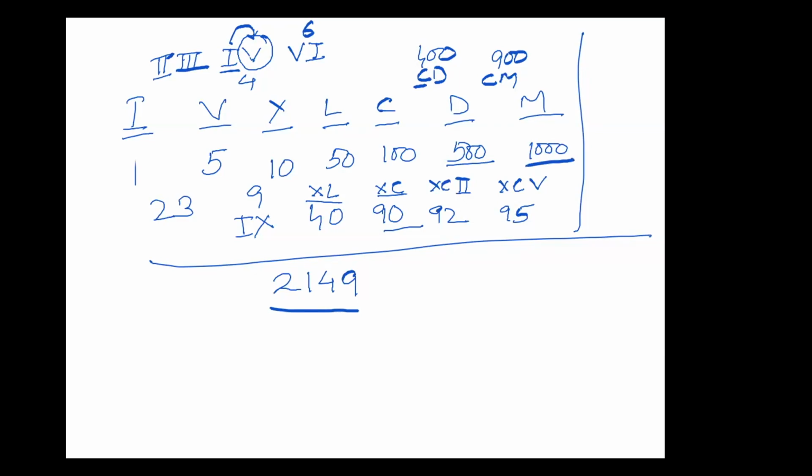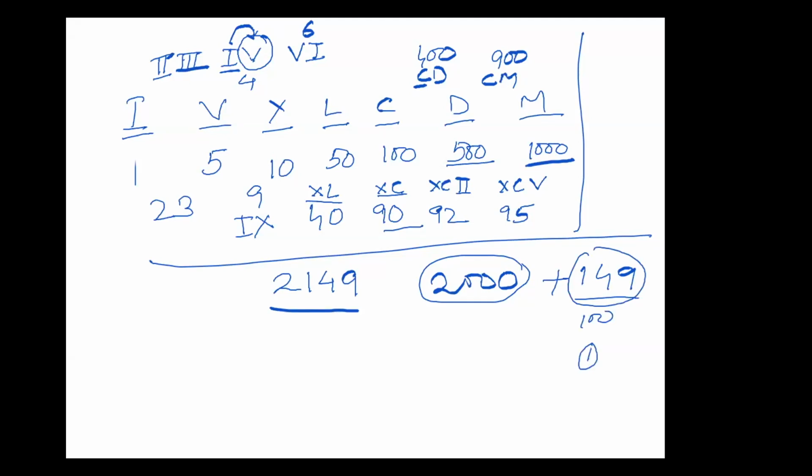So if I divide it by 1000 twice, it gives me 2000, and the delta would be 149, which is no more divisible by 1000. The next number, which is 149, can now be divided by 100 once, and that leaves us with only 49, which can again be divided by 10 4 times, leaving us 9. We don't want to divide 9 any further.